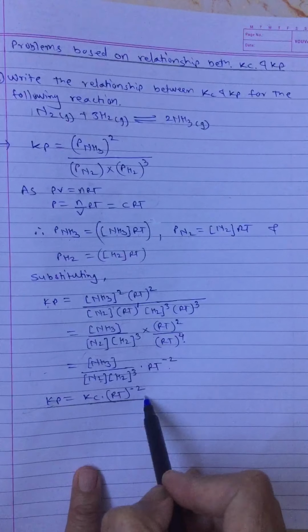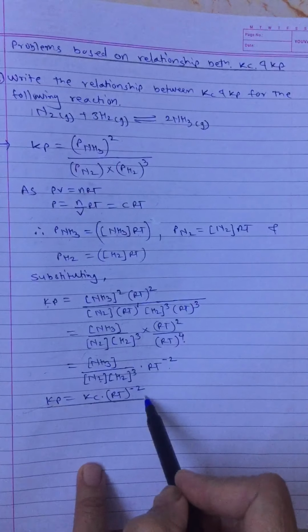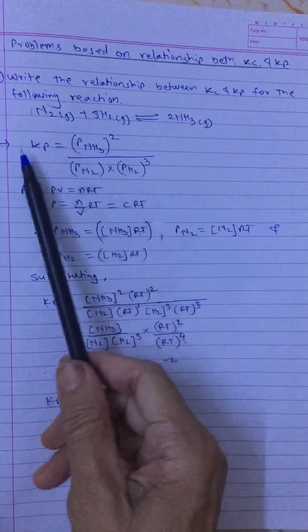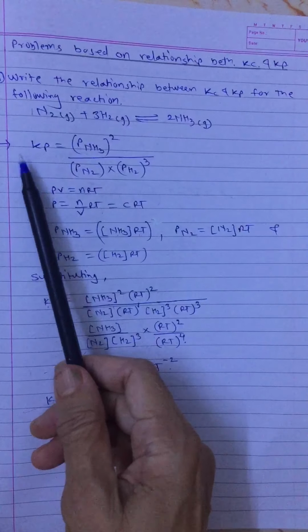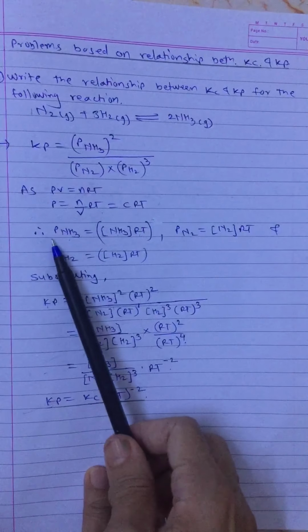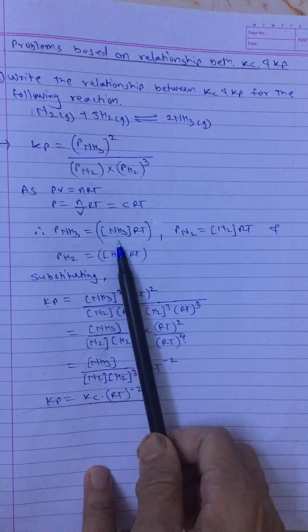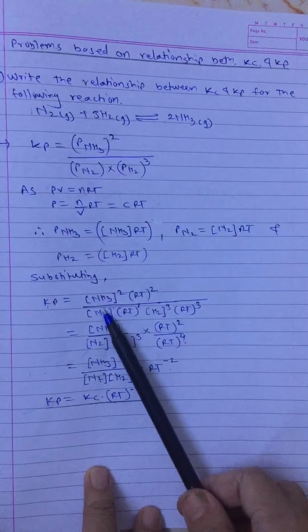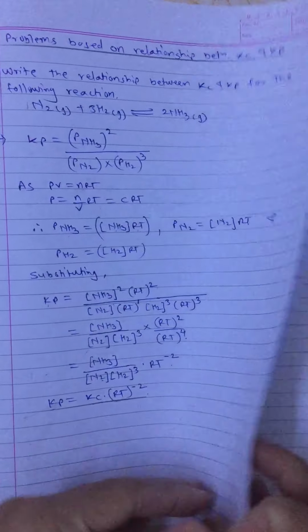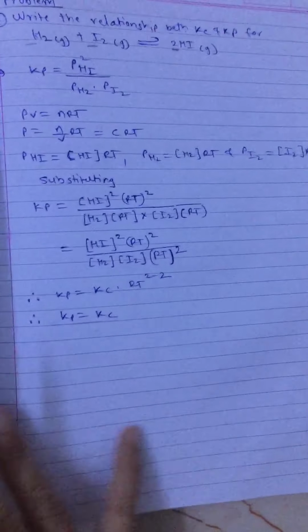So this way you are able to get the relationship between Kc and Kp for any reaction. You are supposed to write first of all the Kp expression, then by using PV is equal to nRT, express partial pressures in terms of concentrations, and then substitute, and then get the final relationship. We will see one more problem like this.